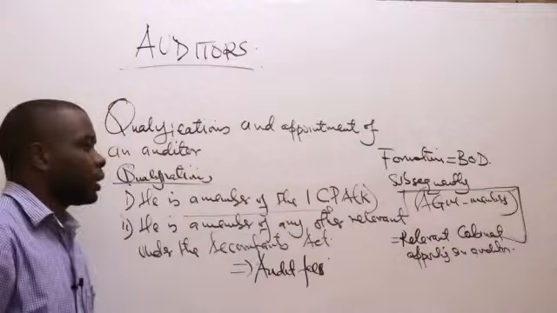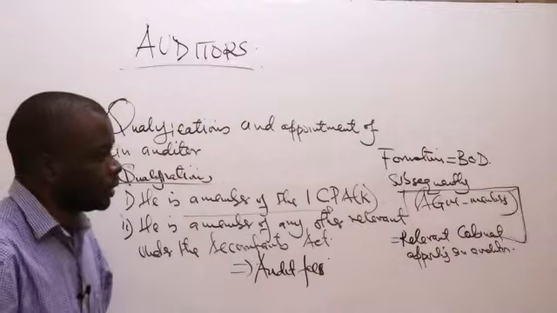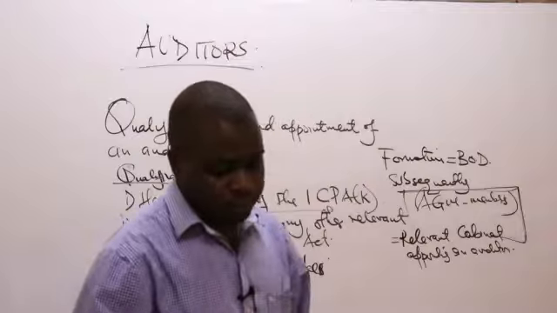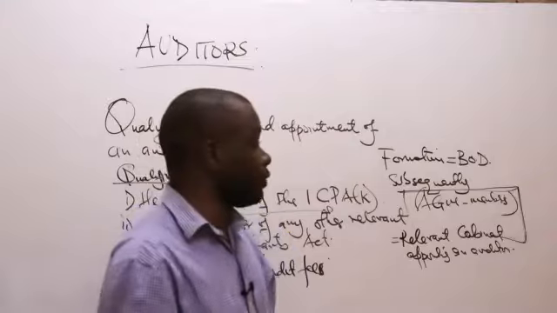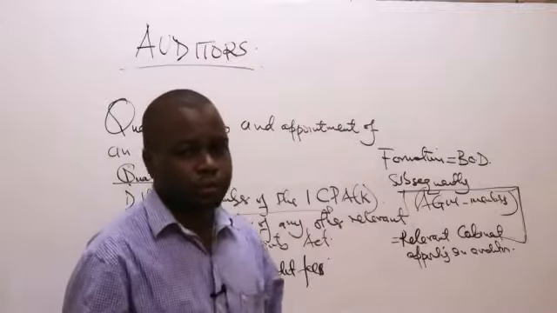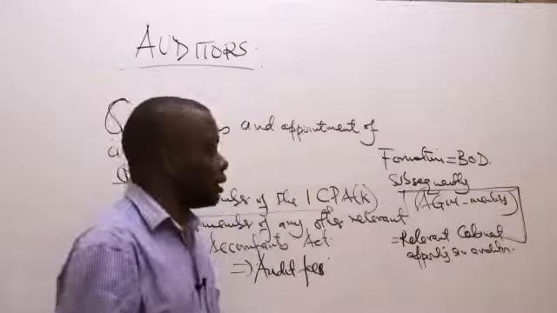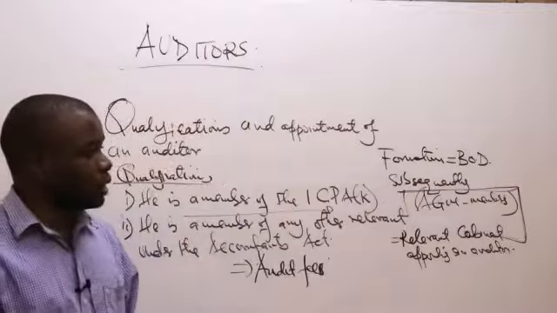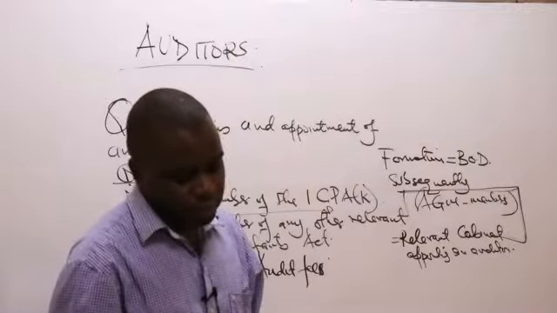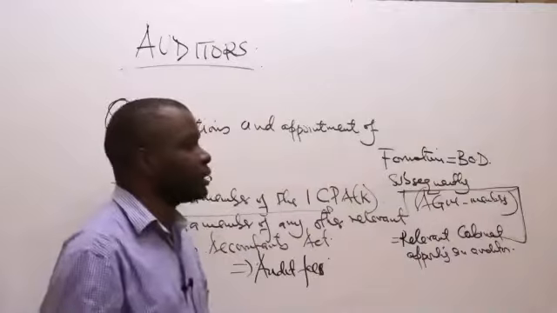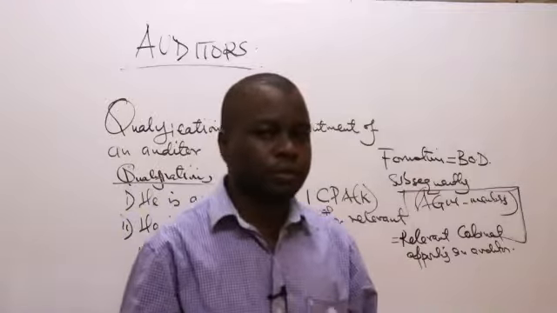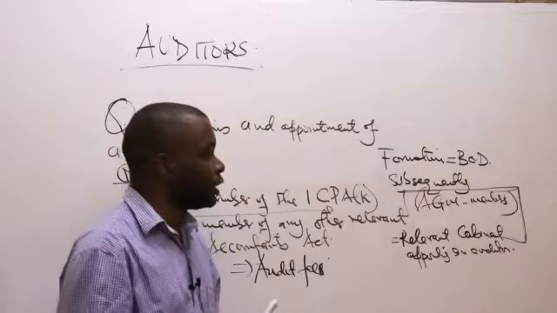Then number 3, what you can talk about is, if there's a casual vacancy in the office of the first auditor, it will be filled by the directors.